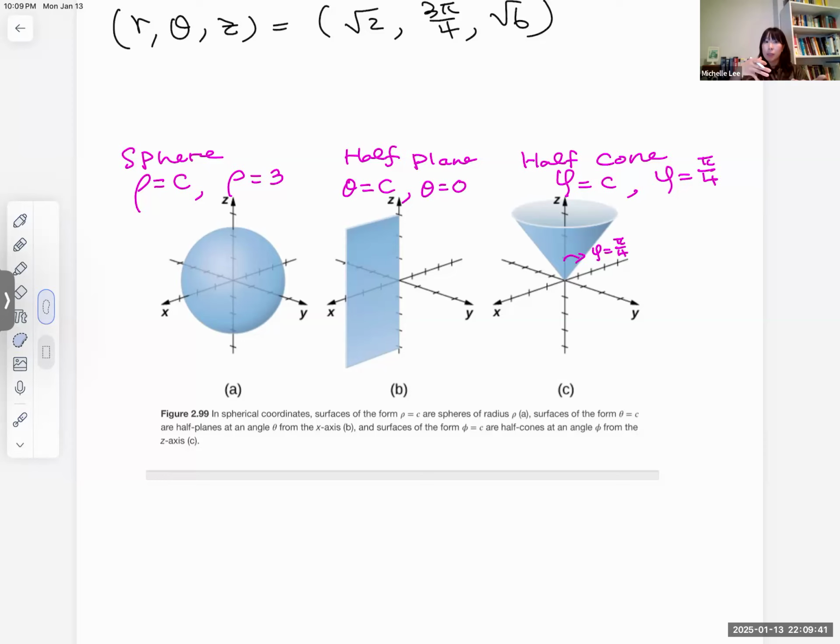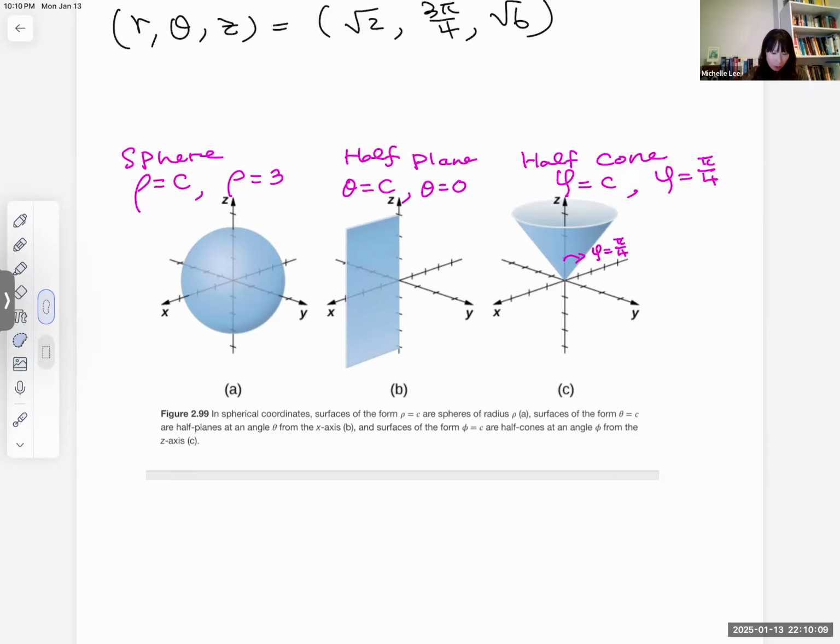And we can express that same shape as a cylindrical equation. And if we have the same shape, then we can express it as a spherical equation. Okay. All right.